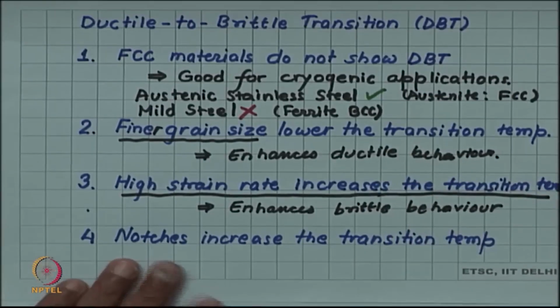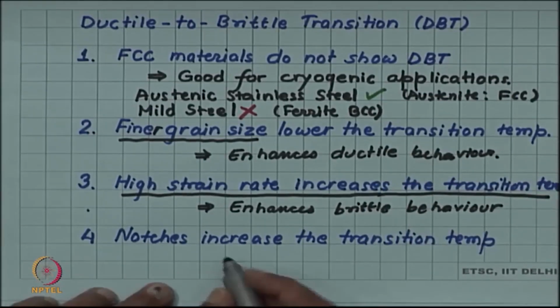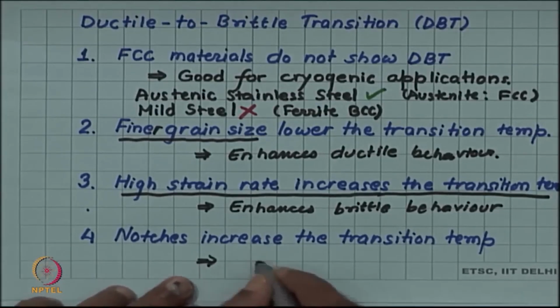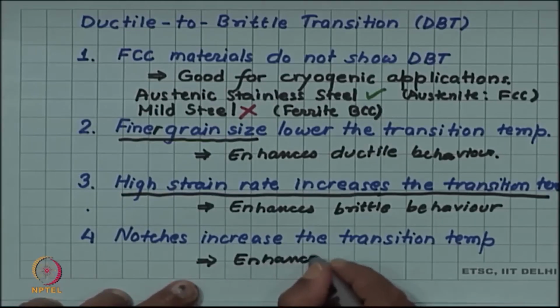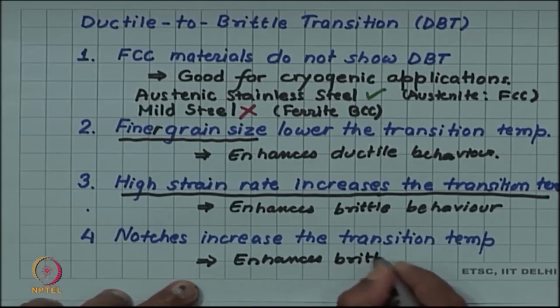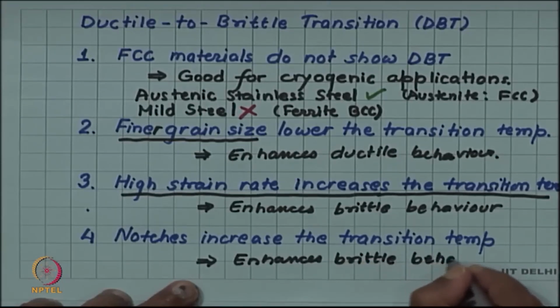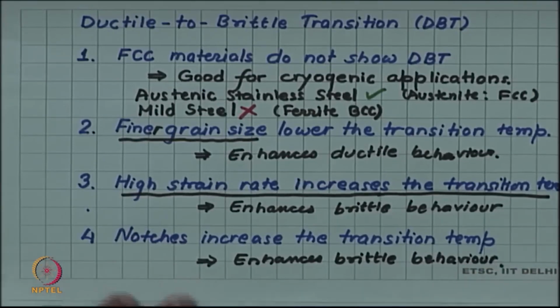And if notches are present in the material, that also increases the transition temperature, that is, it enhances brittle behavior. We have seen that notches also give a stress concentration. So, in any case, the presence of notches and the presence of high strain rate is not good from an engineering point of view and should be avoided as far as possible. And if they are present, we should take care of their presence carefully in our design.